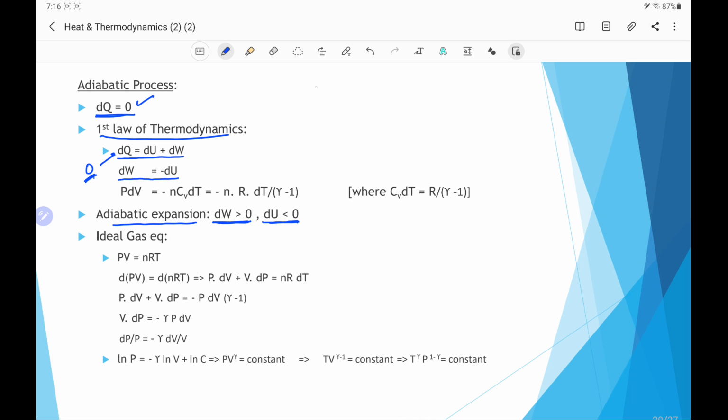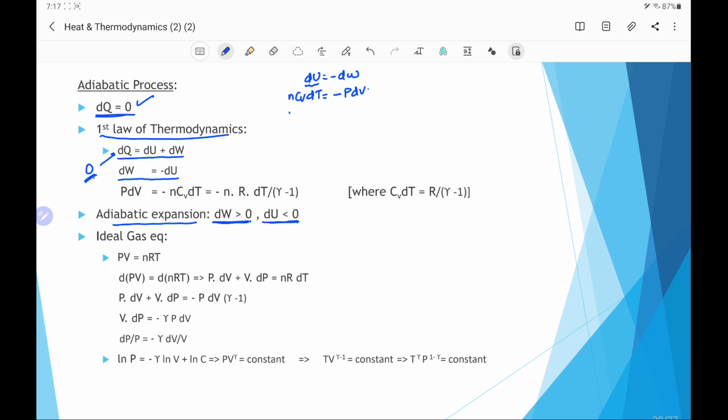If we consider this equation du equal to minus dw using the first law of thermodynamics, it means that du is n Cv dt, where n is the number of moles of the gas, Cv is the molar specific heat at constant volume, and dt is the change in temperature, and it will be equal to minus Pdv.